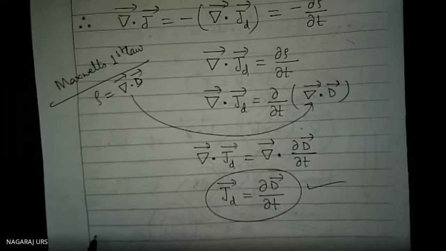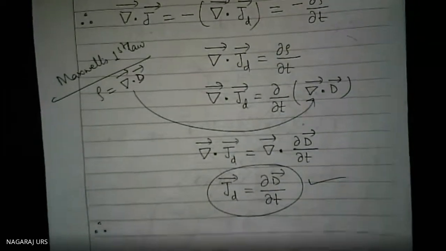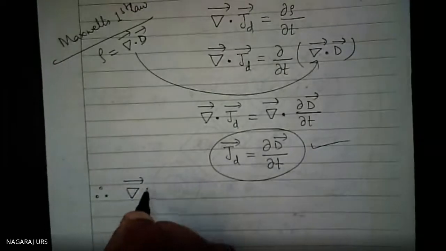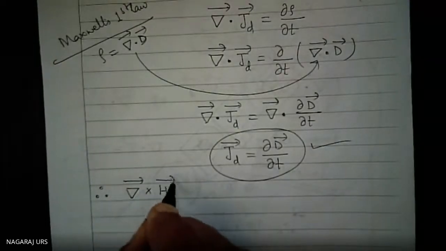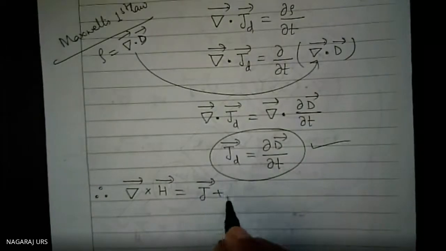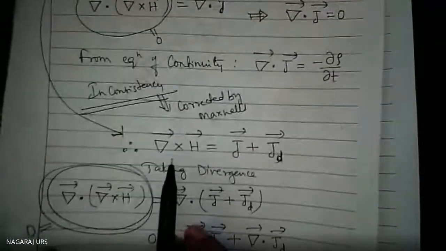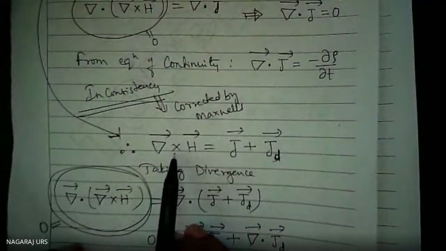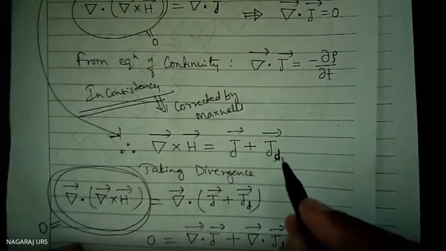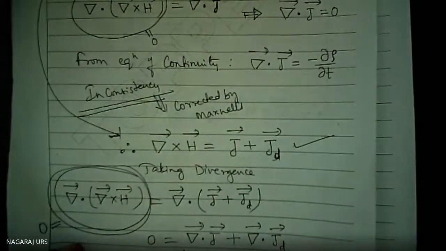Therefore, del cross H is equal to J plus Jd. Somewhere else we have written now. All right.